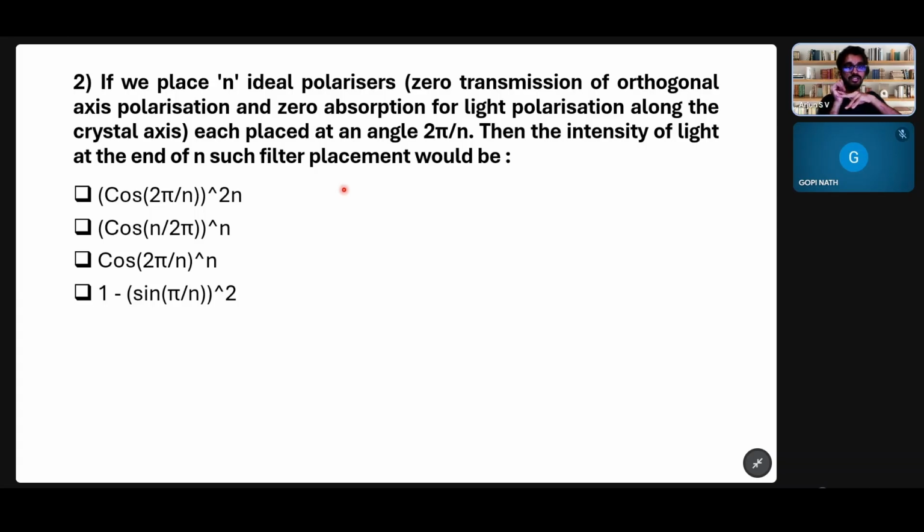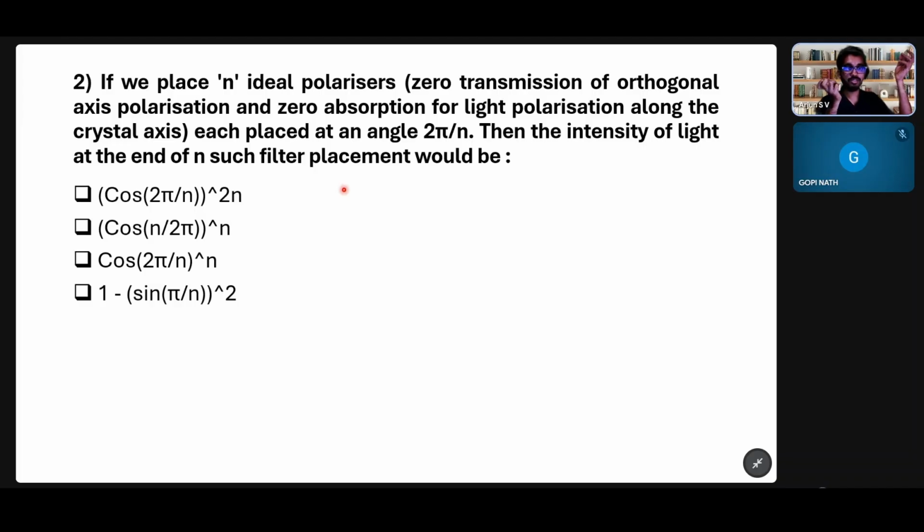I think this is a problem that I gave you guys as the first problem in the sample problems for the first week. We were able to see that for one such filter, it was cos square alpha, and for multiple such filters, it was cos square alpha the whole power n, which is basically cos alpha the whole power 2n, where n is the number of such filters.